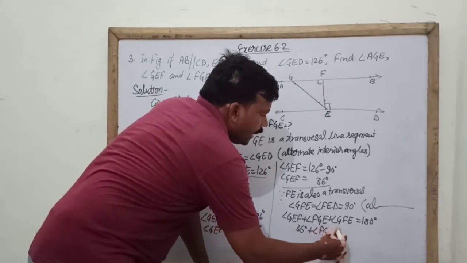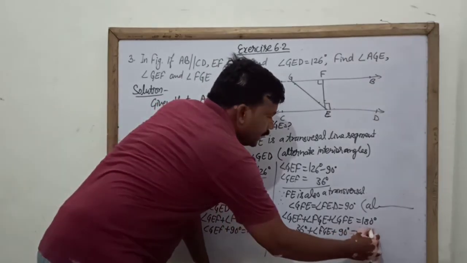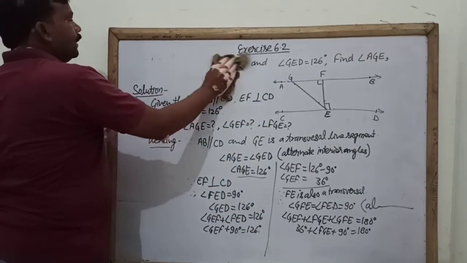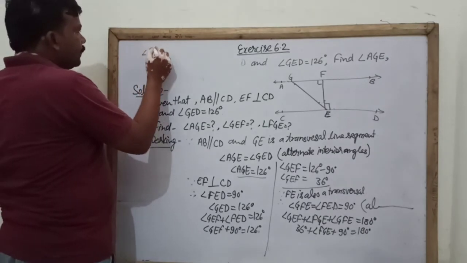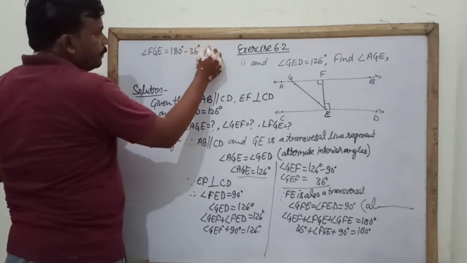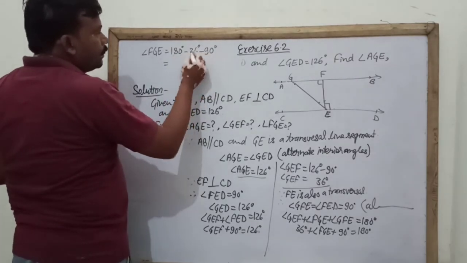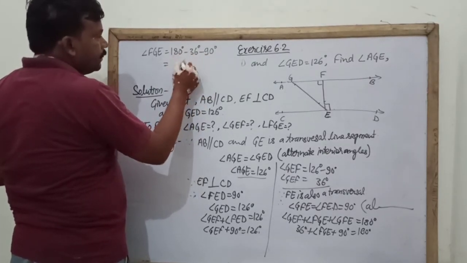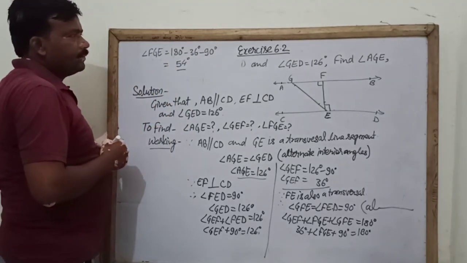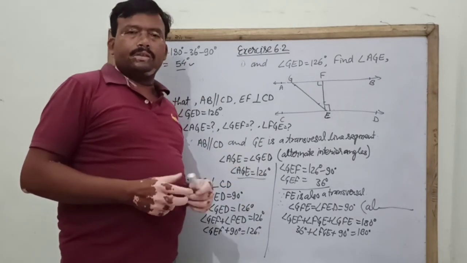Angle FGE equals 180 degrees minus 36 degrees minus 90 degrees. Subtracting these two from 180, we have found 54 degrees. This is our last answer, and this question is also solved.